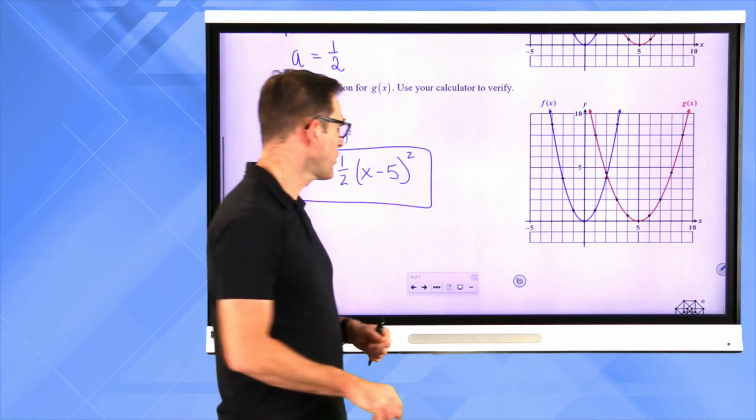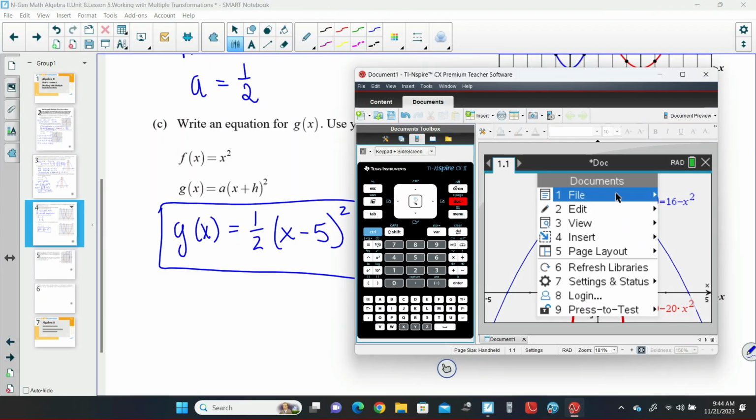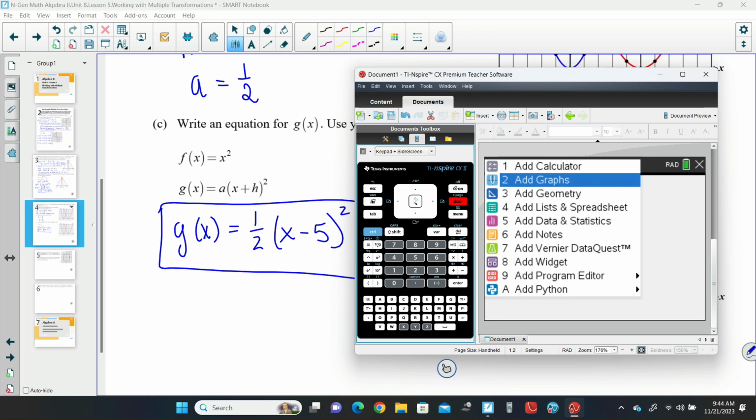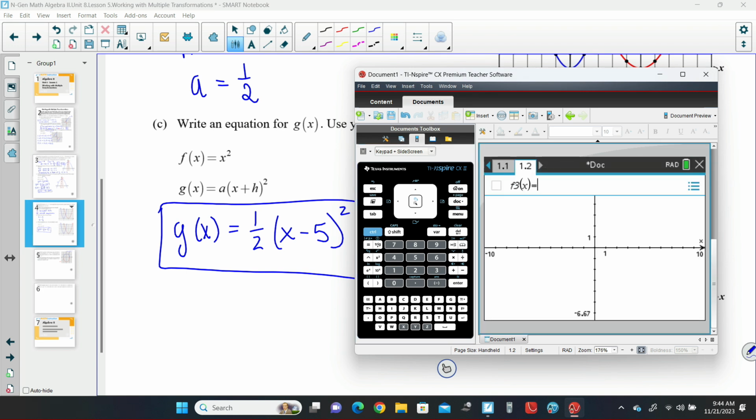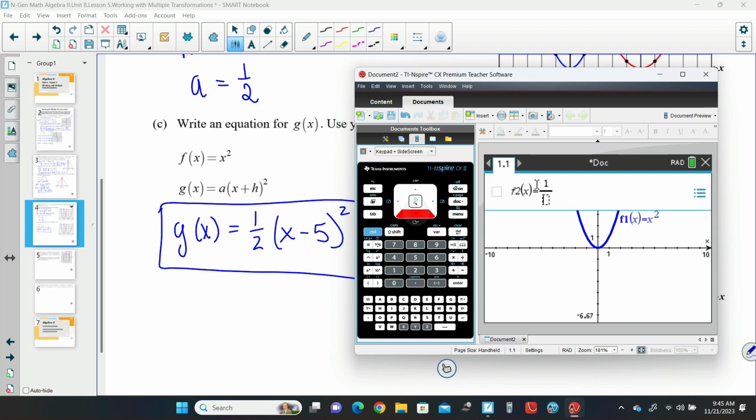In fact, let's take a look at the graph really quick. All right. This one I didn't get a head start on, unfortunately. Actually, maybe just put in a new page. Let's add a graph. It's F3. Actually, I'll just do a brand new file. Forgot that was going to happen. So let's put in that original parabola, x squared, and then we'll put in our g of x, and that's going to be 1/2 or 0.5, whichever way you prefer it, times x minus 5 squared.